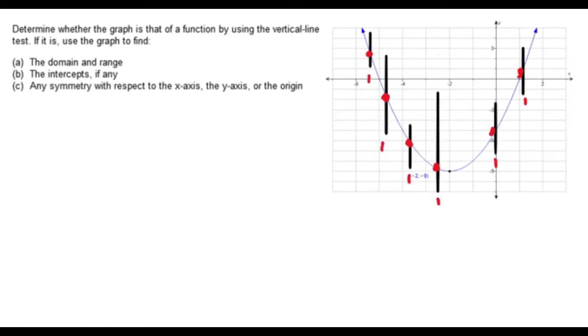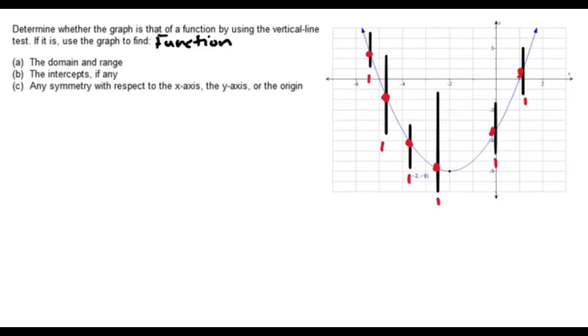So if you have only one point where the vertical line crosses, then you have a function. If you have more than one point where the vertical line crosses, it's not a function. So this is the graph of a function.